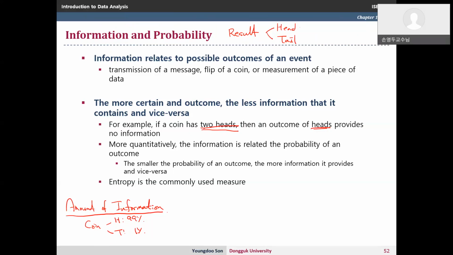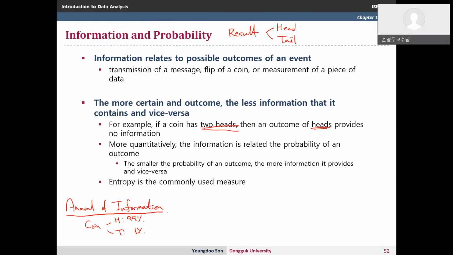However, if somebody tells us the result was tail, we may be a lot more surprised because the probability of tail is really small.